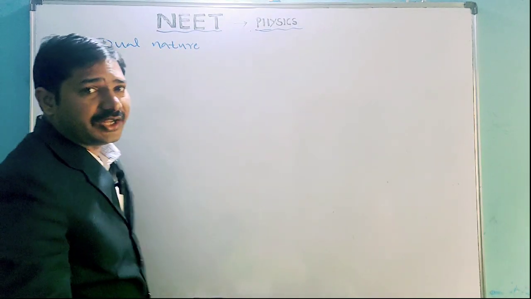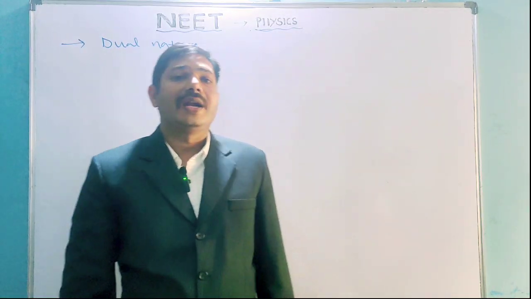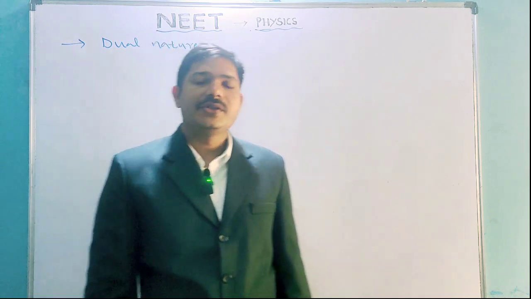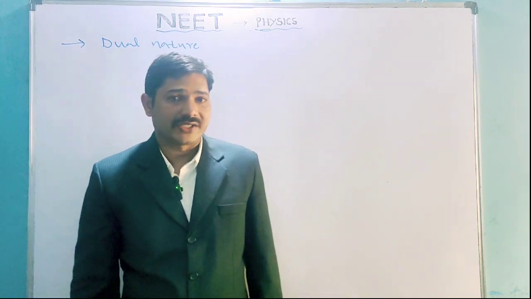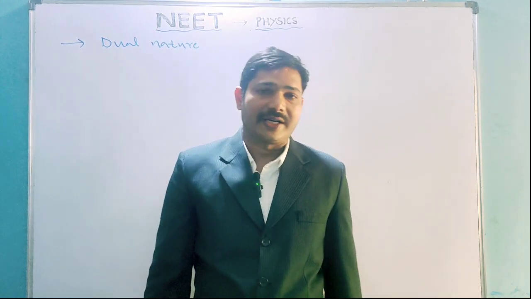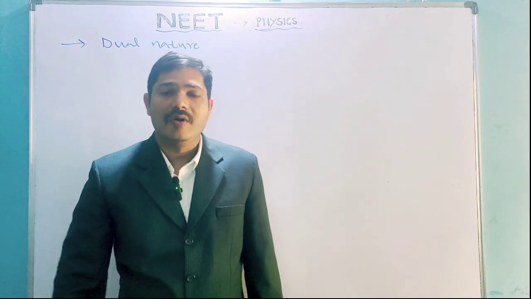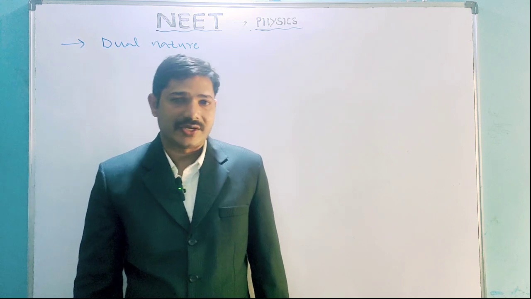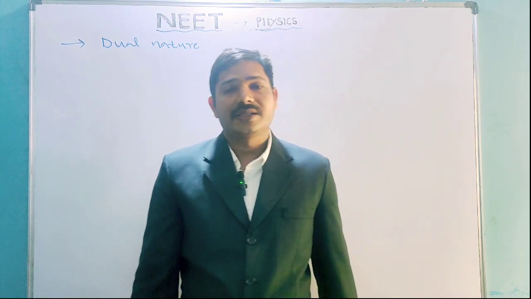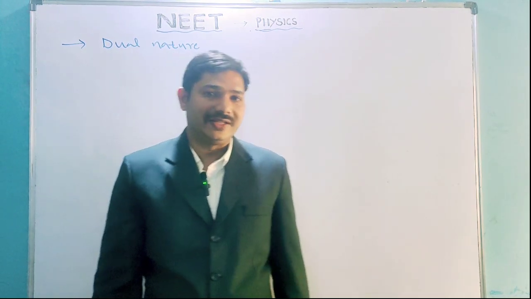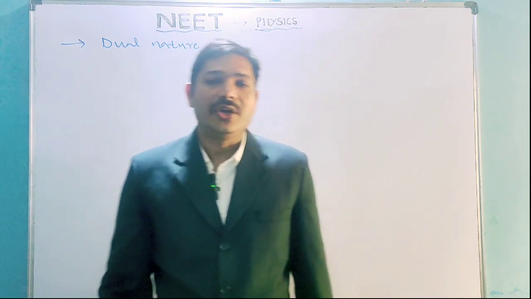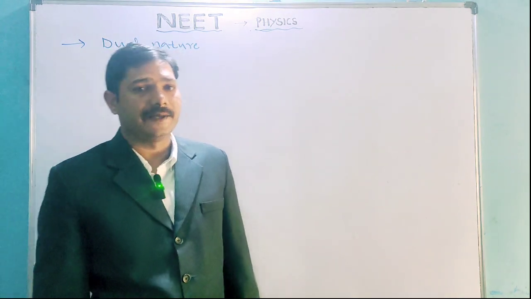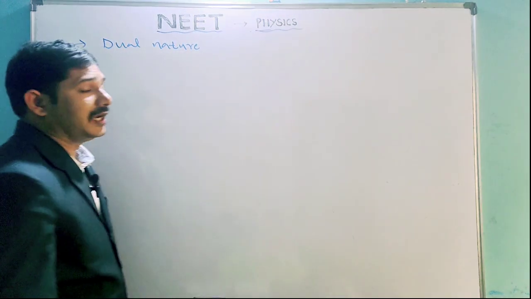From dual nature, the photoelectric effect. Questions are asked based on the photoelectric effect, like Einstein's photoelectric equation, E equals phi naught plus KE max. At the same time, de Broglie wavelength numericals are also asked from the dual nature lesson.